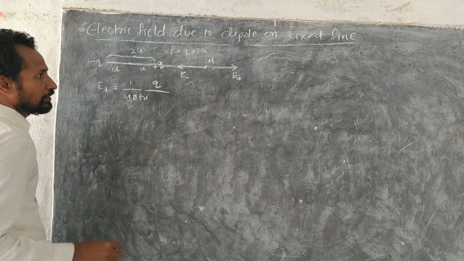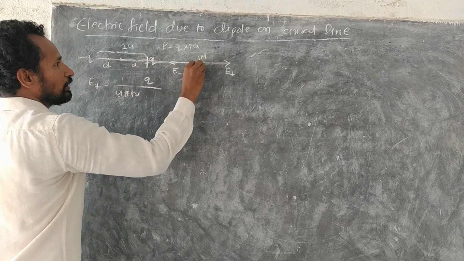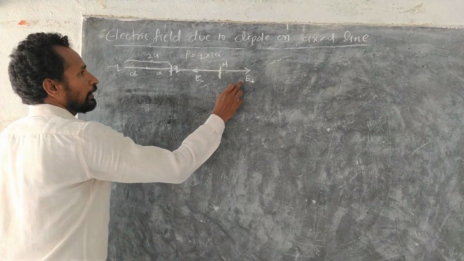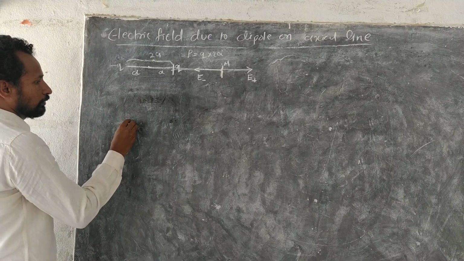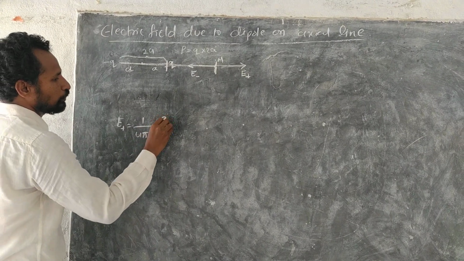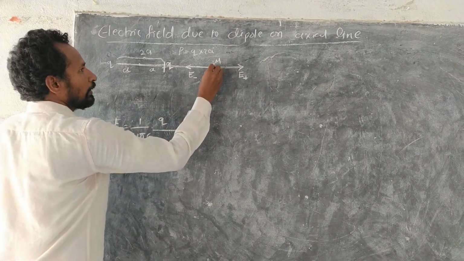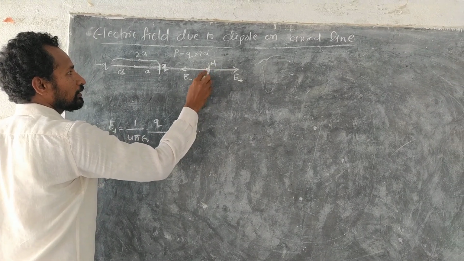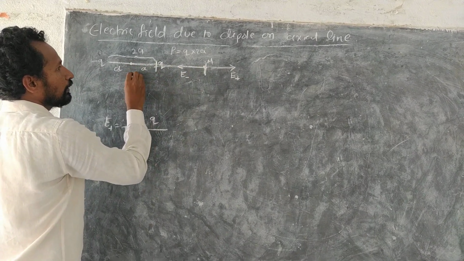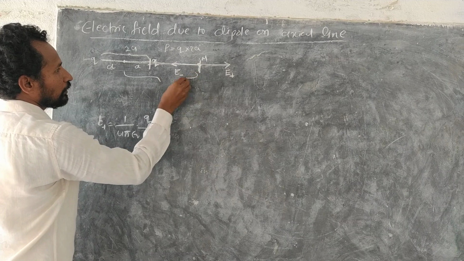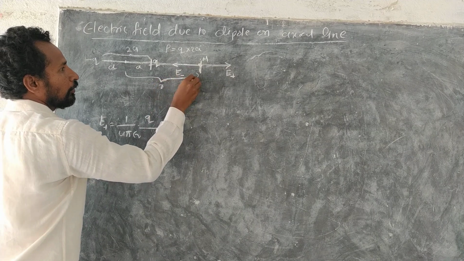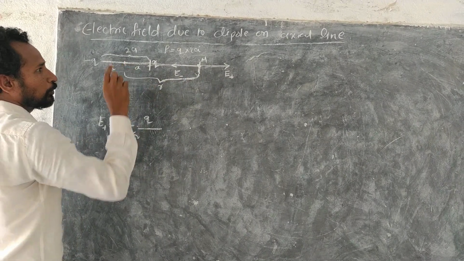So to find the magnitudes, the formula for E plus is 1 by 4 pi epsilon naught, q by the distance from this charge to the point. The given point is M on the axis, so we need to find the distance between charge plus q and M. The point M is taken on the axis at a distance r from the center of the dipole.